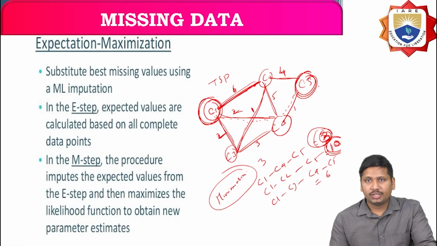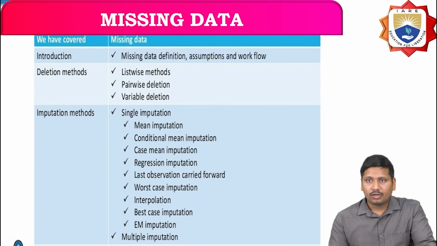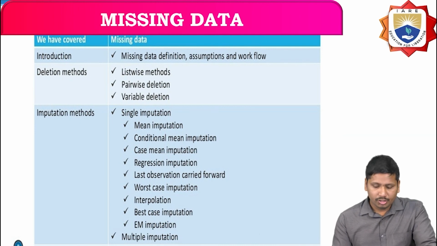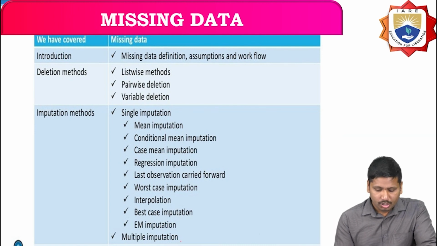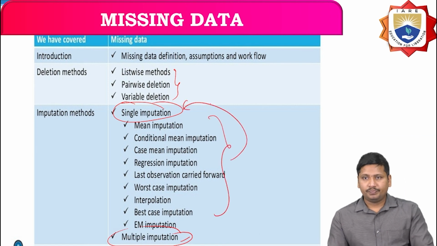And then maximization and minimization also, by using this you can fill the missing value. And then multiple imputation, but this is computationally complex, which is the difficulty of multiple imputation, right? So these are the deletion methods, and these are the substitution methods, single imputation and multiple imputation, and these are the methods available under single imputation.